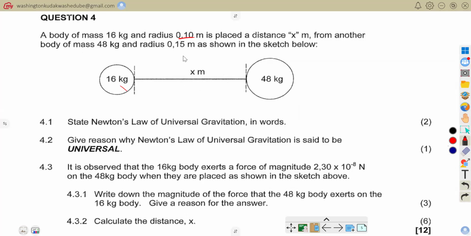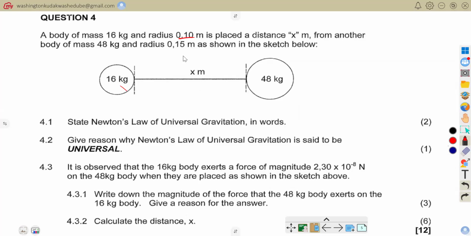That is Newton's first law. Newton's second law tells us that if an object is acted upon by a net force, that object will start to accelerate in the same direction as the net force applied. And the acceleration will depend on the net force applied.